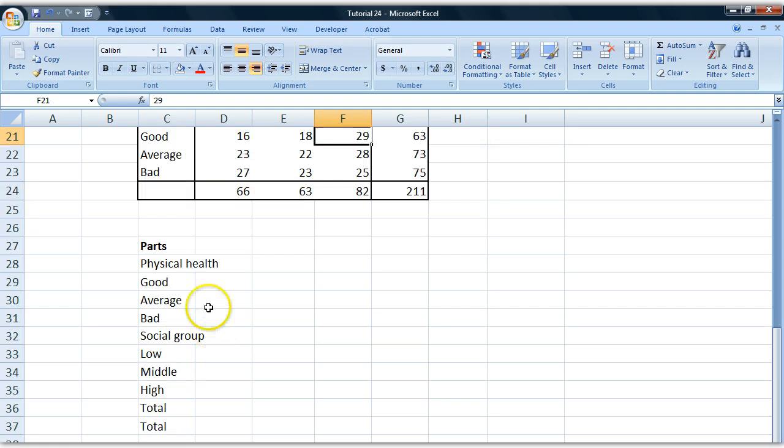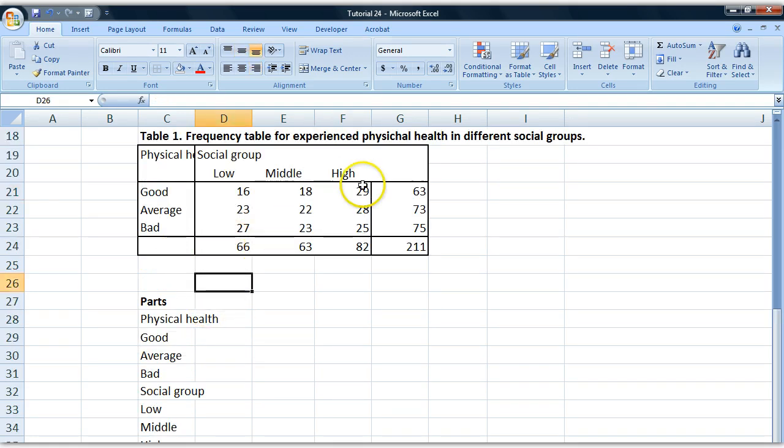And then we need our totals. So where would we place our totals? Well, our total is here. So we could either place it there or we could place it there, because these are in relation to this. When you add these, you get a total. When you add these, you get the total.